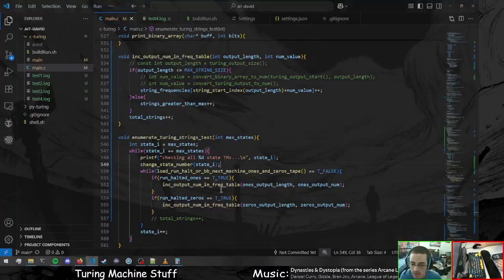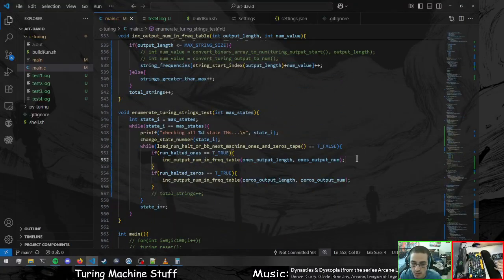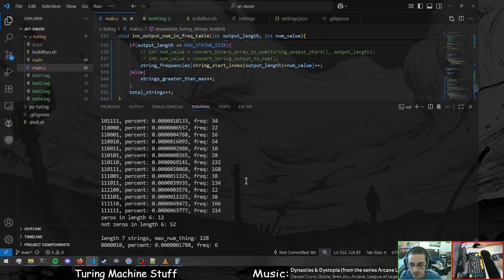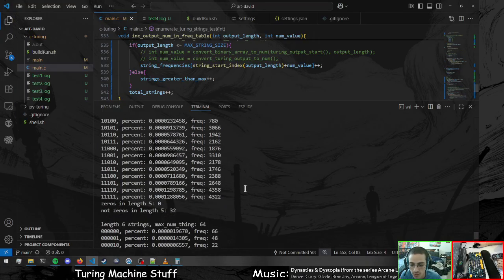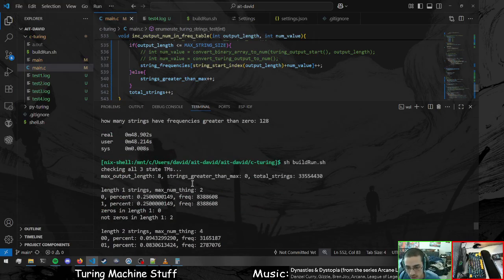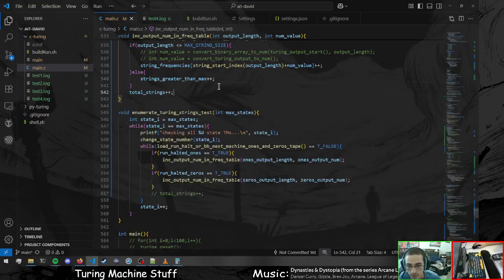To be honest, I think what I have right now is probably usable, in the sense that it has frequencies that are on the same order of magnitude as in the paper. So that's good news.